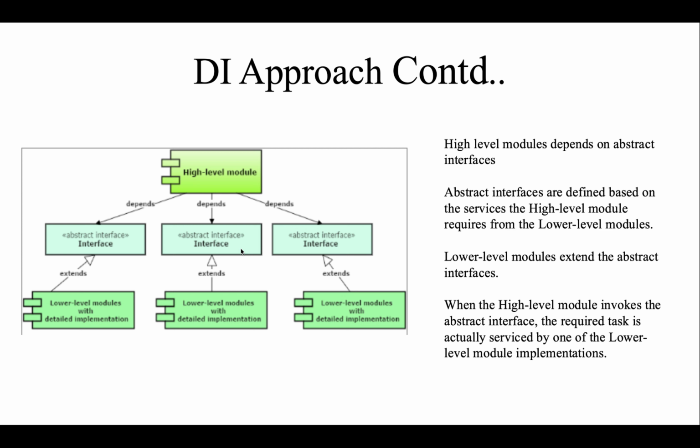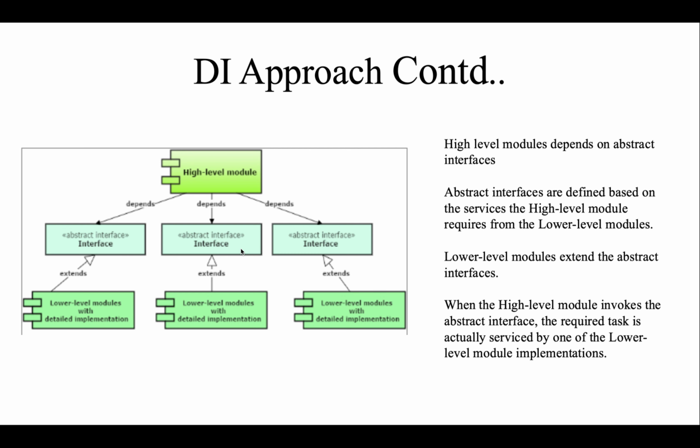The abstract interface layer defines the services either provided by the lower level modules or required by the high level modules. When the high level module invokes the abstract interfaces, the required task is actually serviced by the lower level modules. This way, both of these depend on the abstract layer, but they are not aware of each other. I mean, when we call something in the high level modules, it is unaware of who is providing the implementation. That's where the abstraction comes into the picture.